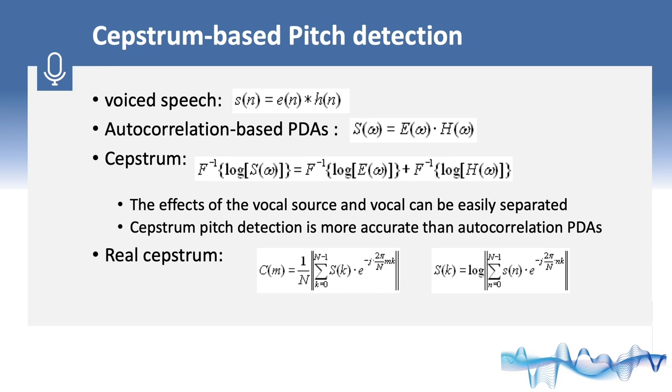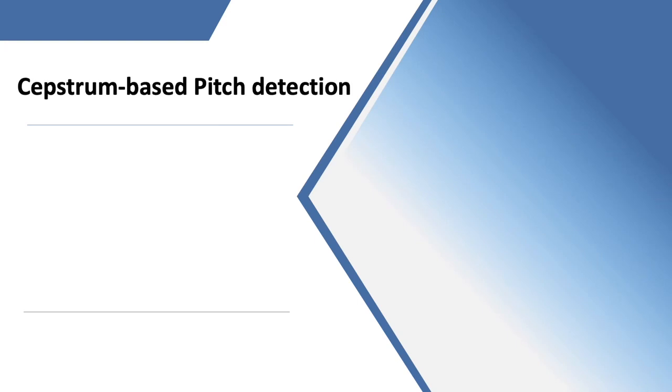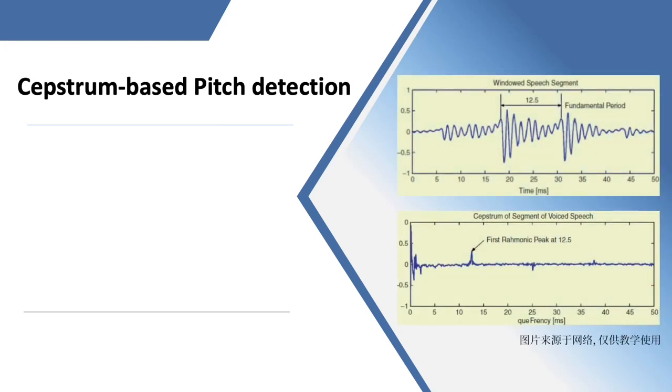The real cepstrum of the discrete signal s(n) is defined as c(m), where S(k) is the logarithmic magnitude spectrum of s(n). The cepstrum consists of a peak occurring at a high quefrency equal to the pitch period and low quefrency information corresponding to the formant structure in the log spectrum.